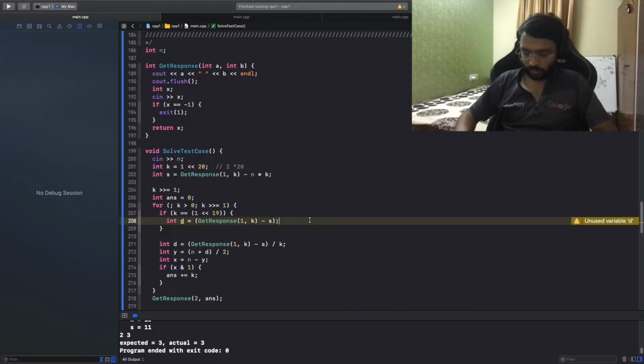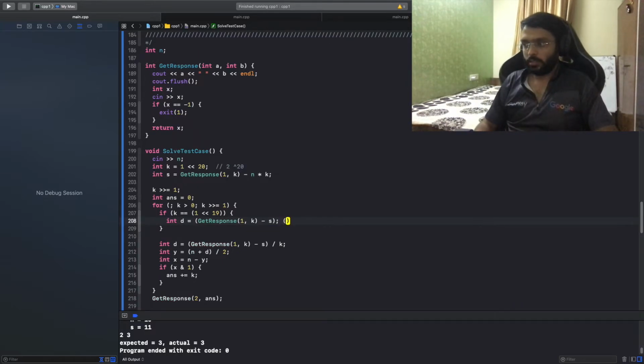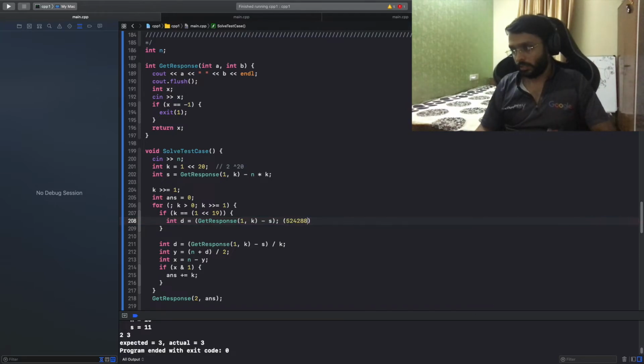So this will be a multiplicative number of this 524288. Let's call it this multiplied by, let's say, q.